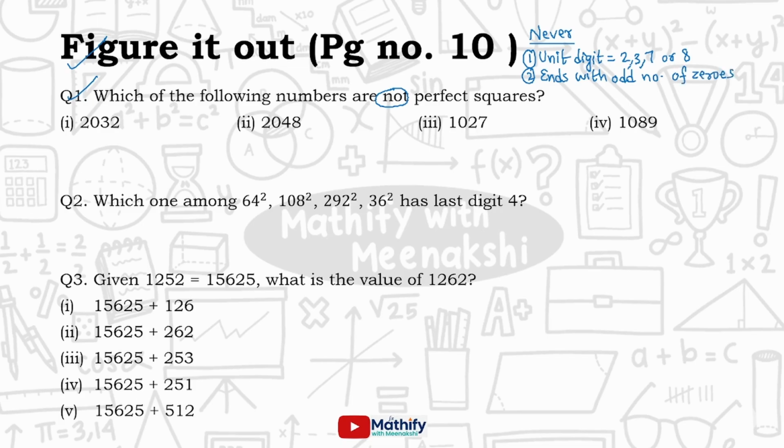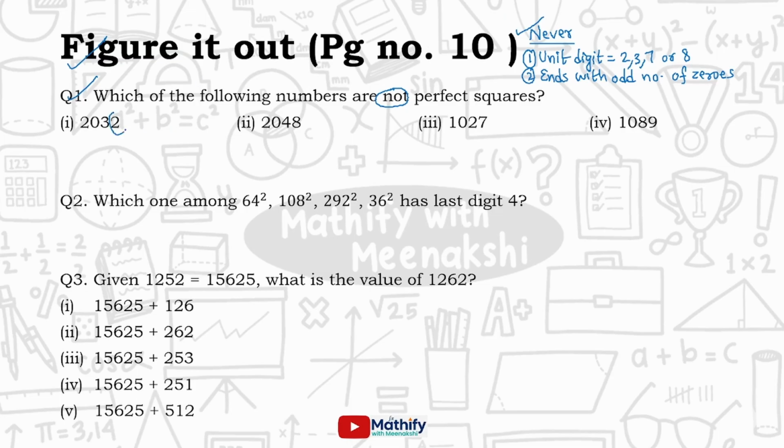But we don't have any property that says by seeing the number that it's a perfect square. To check that, you have to follow a method like prime factorization, long division, or repeated subtraction. But we can say that a number is never a perfect square by seeing these two properties.